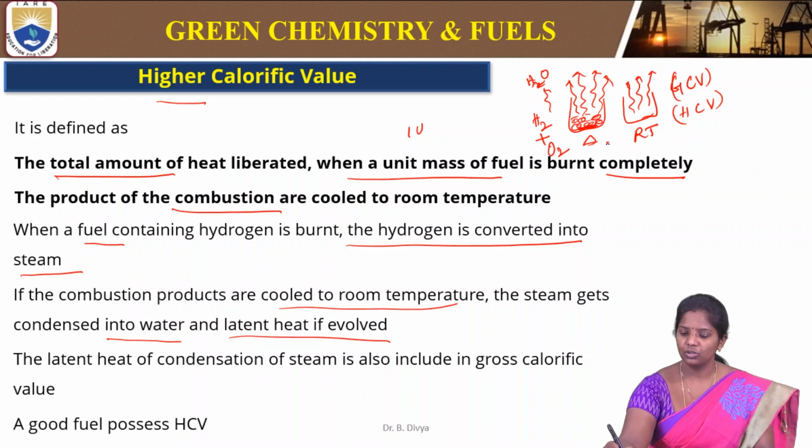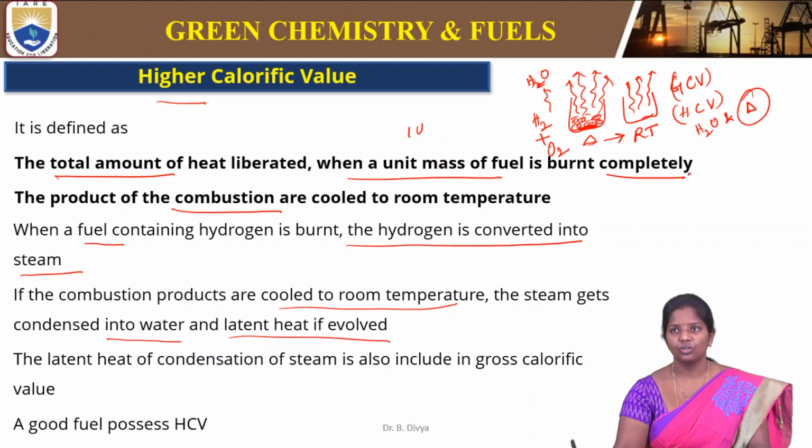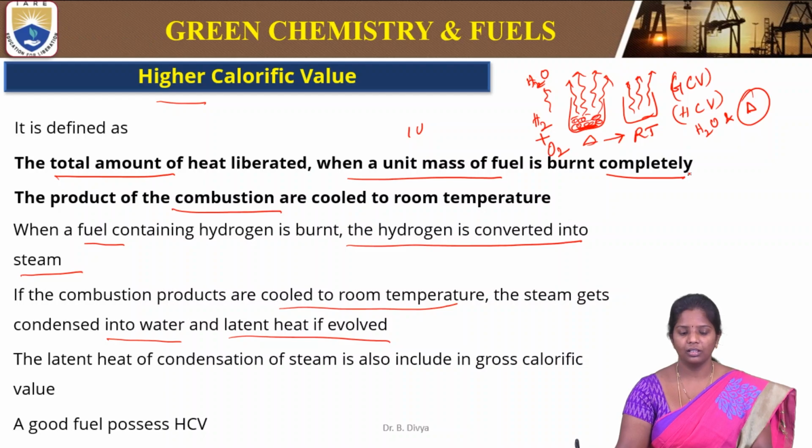So when it is coming from high temperature to room temperature, it is converting to water and heat is generated. So this heat is nothing but the heat that is coming out from the actual fuel, the complete heat, and is also called the gross calorific value of that particular fuel.